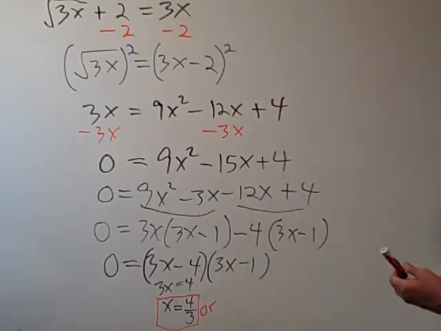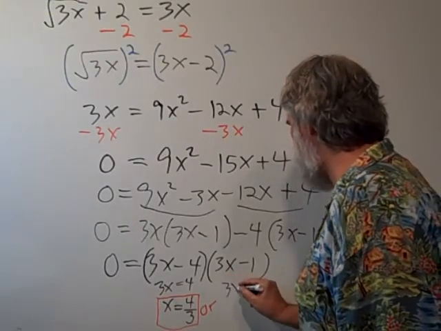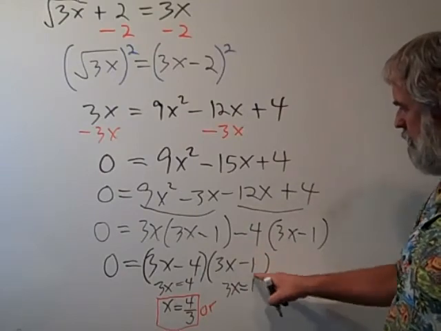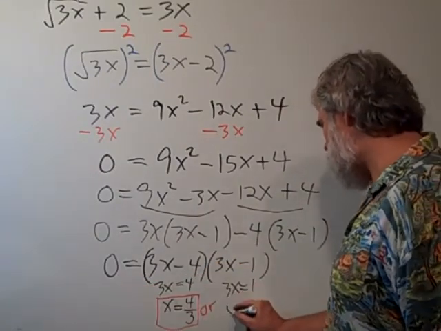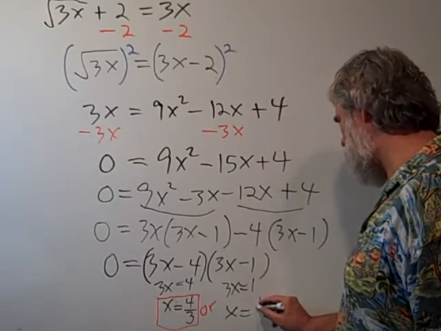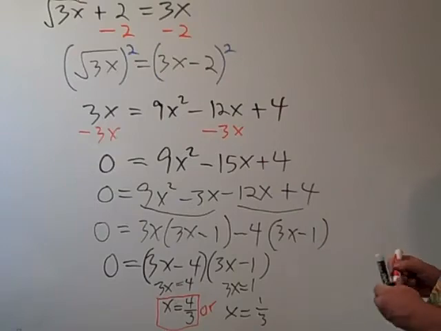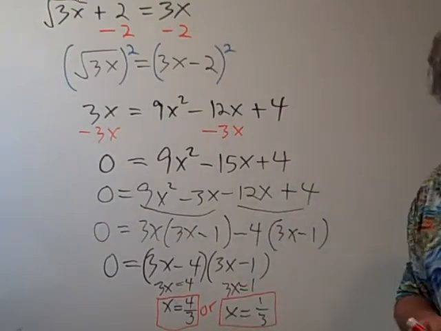Another possible solution comes from the second factor here. If 3x equals 1, then 1 minus 1 will be 0, which makes the whole product equal to 0. So this happens when x equals 1/3, dividing both sides of this by 3. So those are the two possible solutions to this equation.